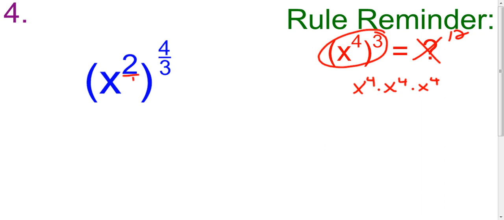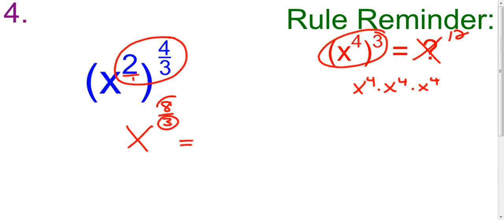This is a 2/1 right now. I am going to multiply these exponents since I only have one base and 2 exponents. So when I multiply 2/1 times 4/3, I get 8/3, which, again, this is your index, this is your exponent, so this really becomes the cube root of x to the 8th.